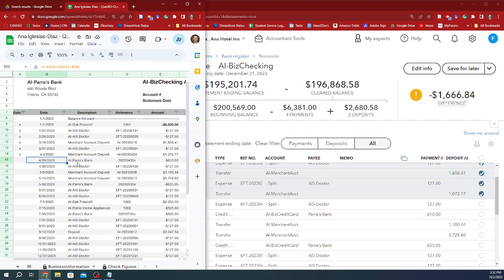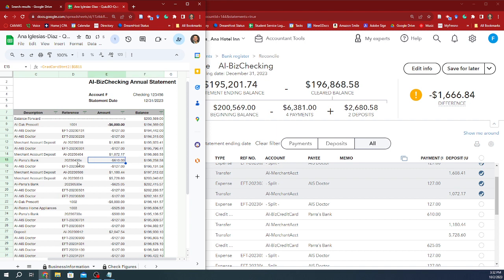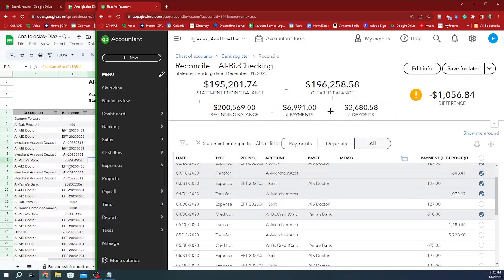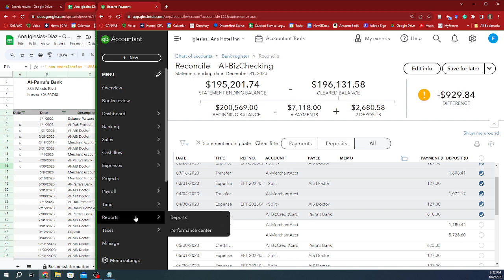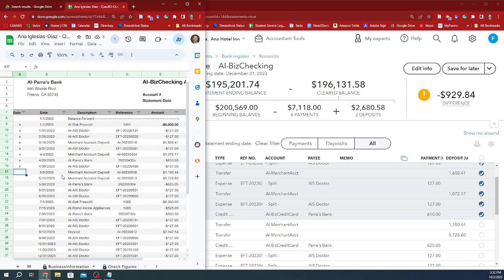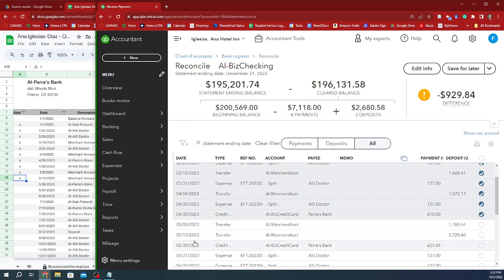Then you have an expense of $610 that you made to Parra's bank, and then another transaction on that same date for $127. So you're just looking at each side to make sure that that jives. 1,180.44, 57.28.60. Let's check the dates. 5/8 and 5/13.